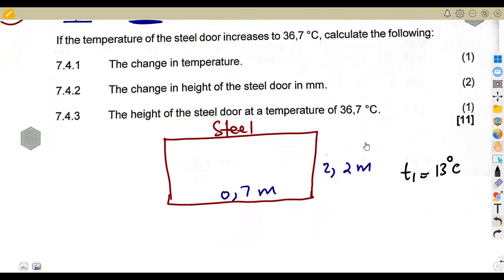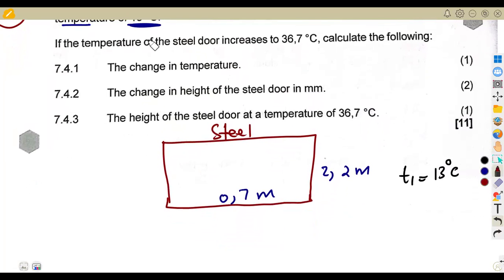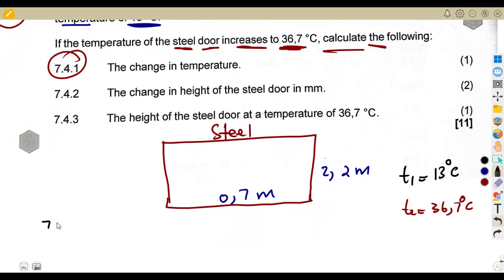So the question is that, all right, if the temperature of the steel door increases to, which is our second temperature, T2, at 36.7 degrees Celsius. Calculate the following. All right, 7.4.1, which is the first question. We need the change in temperature.